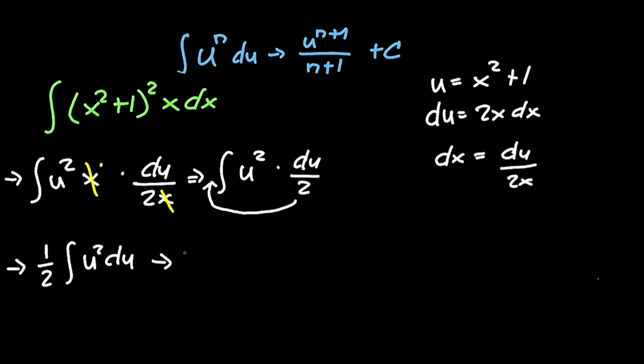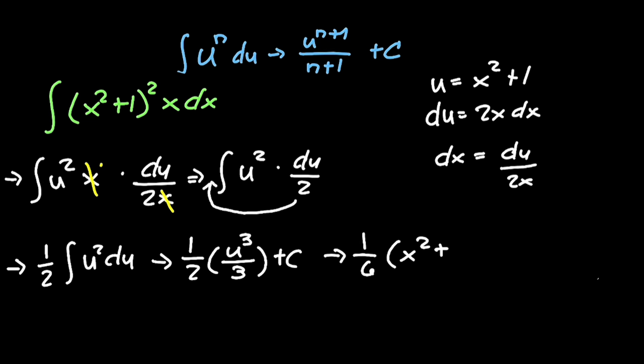Take the integral and you will get 1/2 multiplied by u raised to the power of 3 over 3 plus c, and the final answer would be 1 over 6, and u here would be (x squared plus 1) raised to the power of 3 plus the constant of integration.